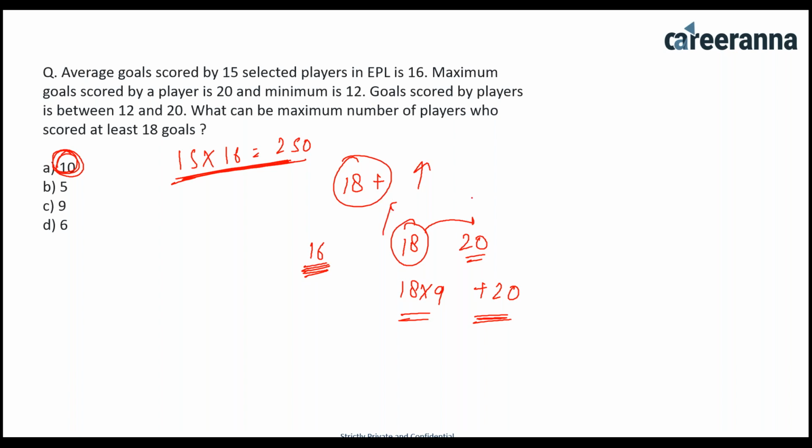If I take 10 to be the answer, guys, try to understand. 18 multiplied by 9 is 162, plus 20 is 182. Now, what is the left number? Is it 68? And how many people are left?